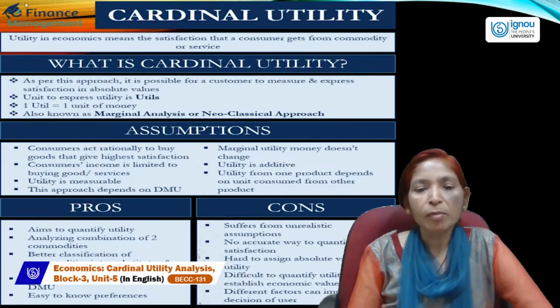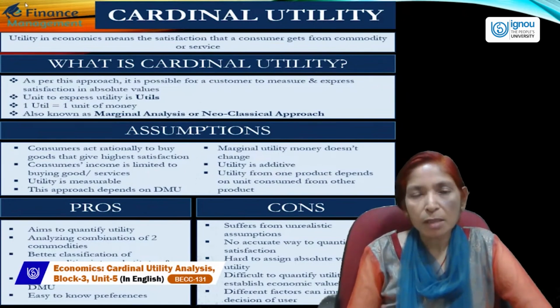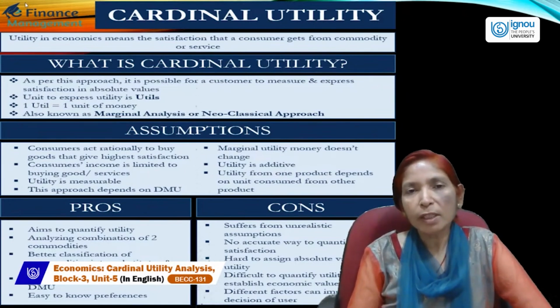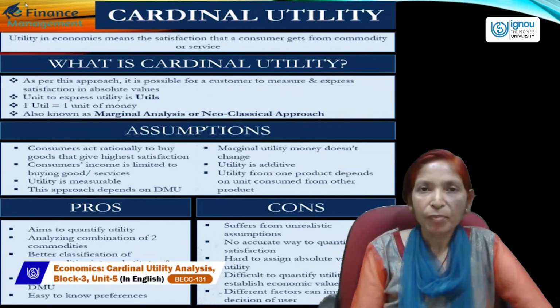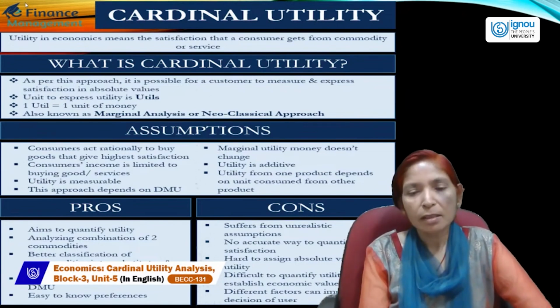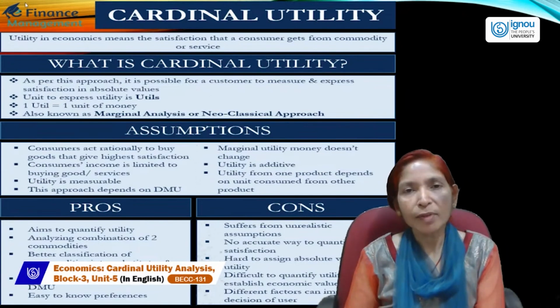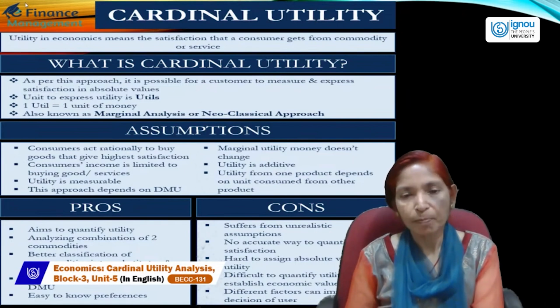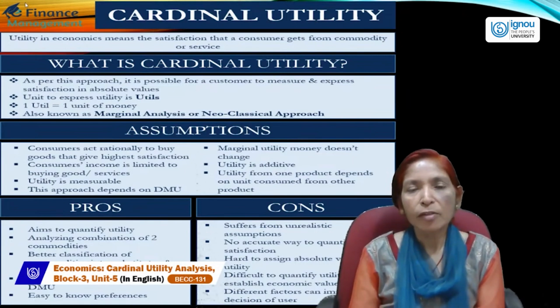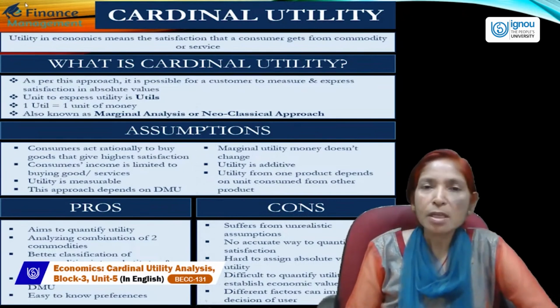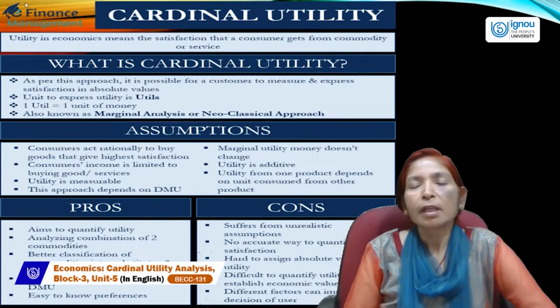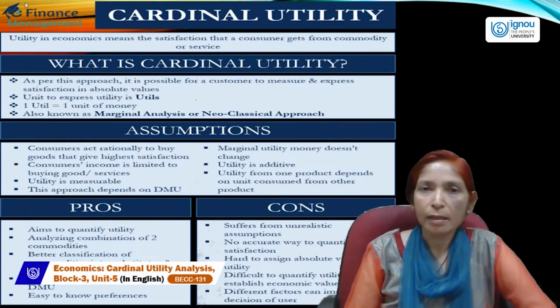It is different from the other product. It means utility is independent. One commodity will give you utility in one aspect and another commodity will give you satisfaction in a different aspect. So utility is independent of the nature of the commodity. So these are the assumptions of cardinal utility analysis.